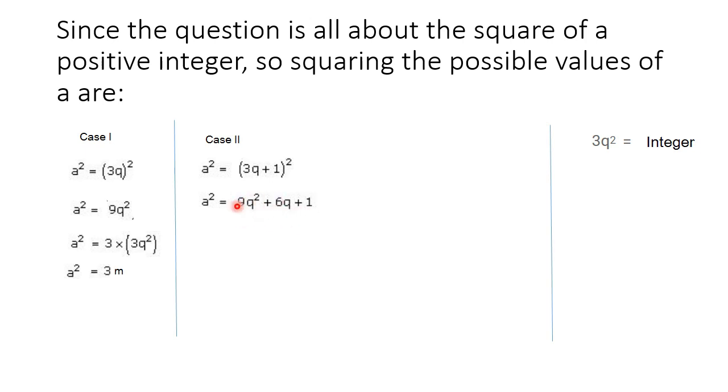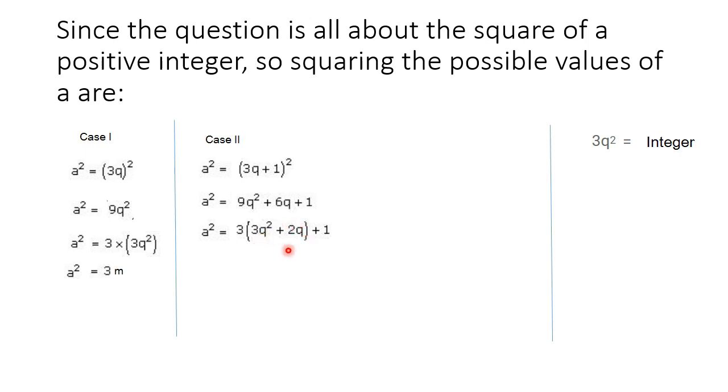We can notice that both the terms have 3 as common. So putting 3 as common, 3 3s are 9, that will remain as 3q square, and 3 2s are 6, that will remain as 2q. This whole bracket, q is an integer, so 2 into q is an integer. This q square is an integer, that's why 3q square is also an integer.